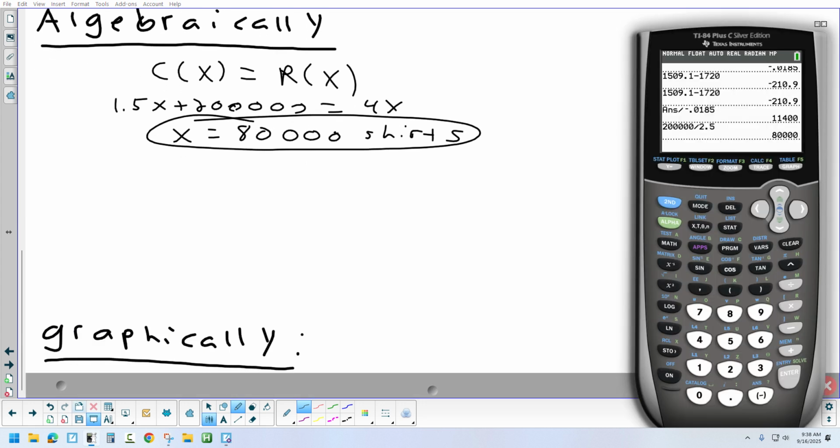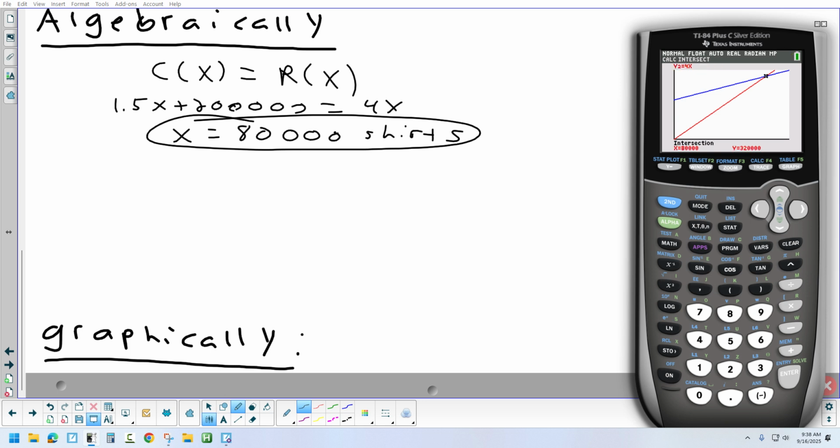Now, let's do it graphically. So one more time, I think we did it earlier, but can someone remind me, how do I solve this graphically? What do I press? Vanessa? Second, and then trace, and then 5? Just hit enter. Yeah, because they're lines, so there's only 2 of them on the screen. They only cross in one spot. It doesn't matter where we put the cursors.